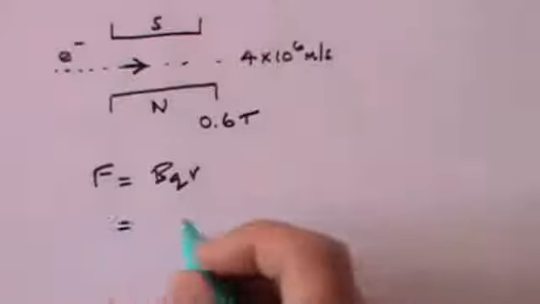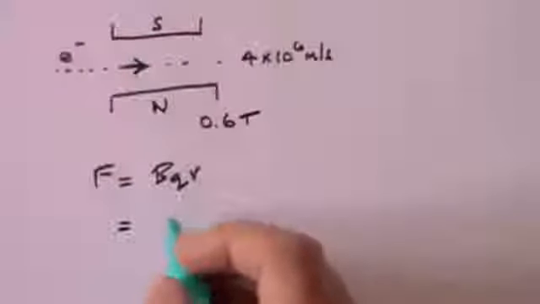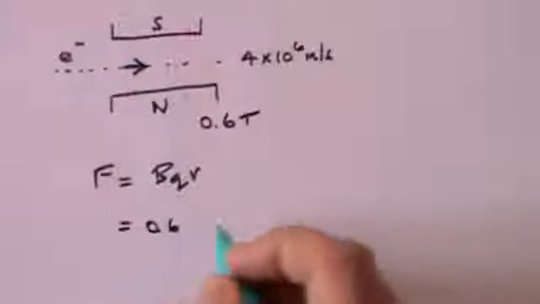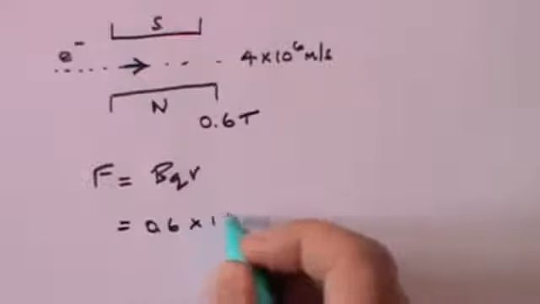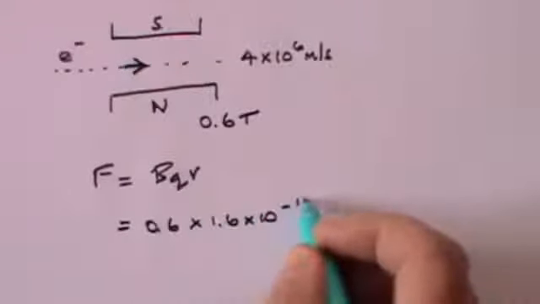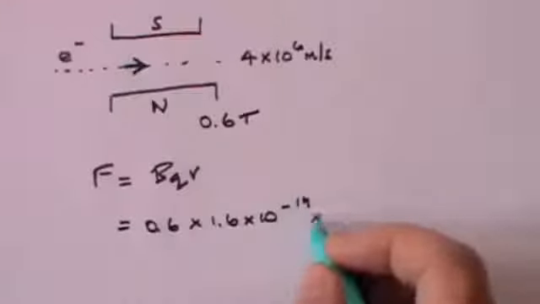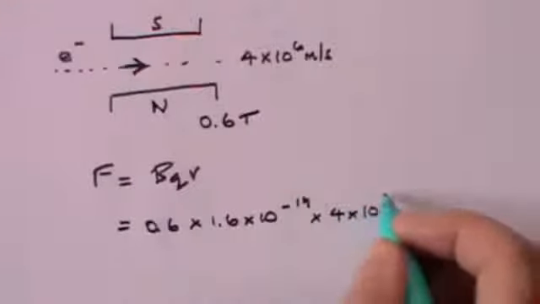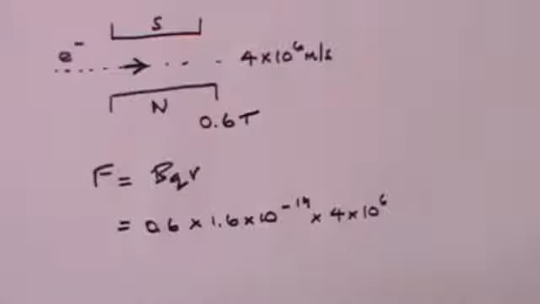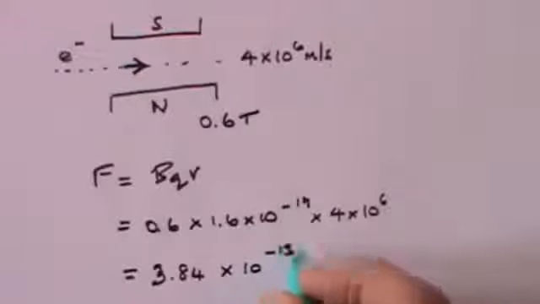So now it's just a case of filling in. B is 0.6, Q is the charge on an electron, which is 1.6 times 10 to the minus 19 coulombs, and the speed V, or velocity, is 4 times 10 to the 6 meters per second. And if you multiply all of that out, you should get that that equals 3.84 times 10 to the minus 13 newtons.